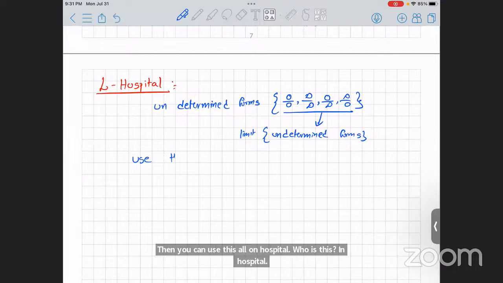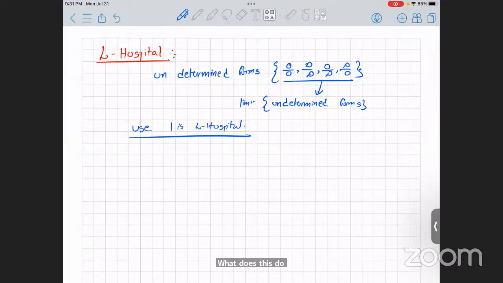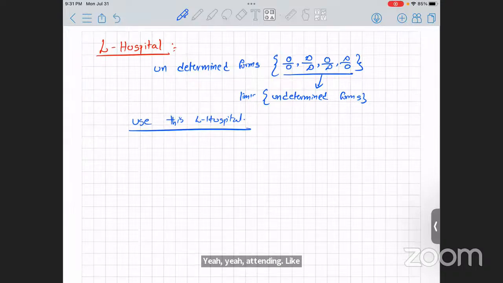What does this L'Hospital rule say? Undetermined forms such as 0 by 0 and infinity by infinity are all tending. Then what is the use of limit if we cannot calculate exactly the 0 by 0 form?